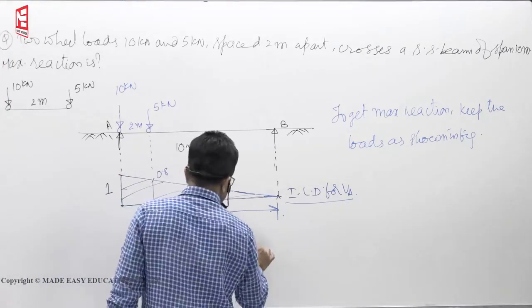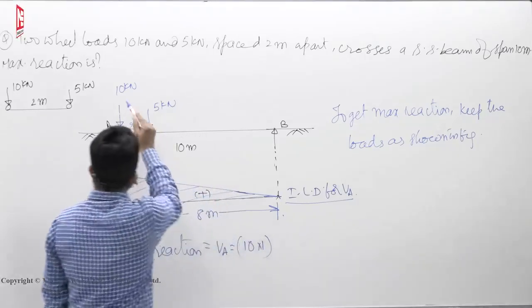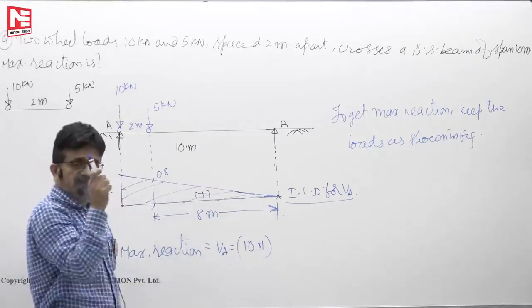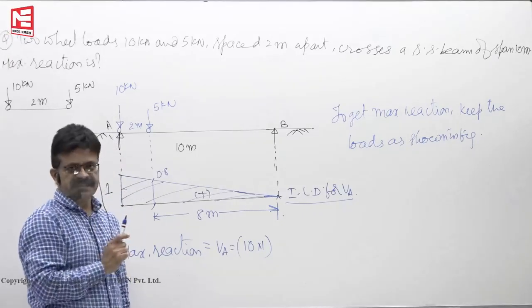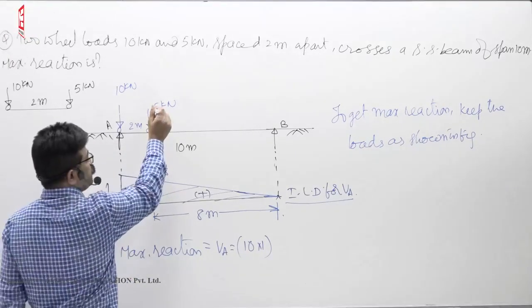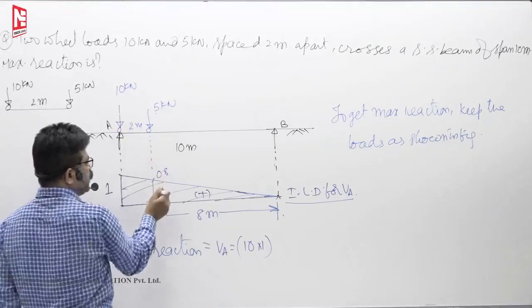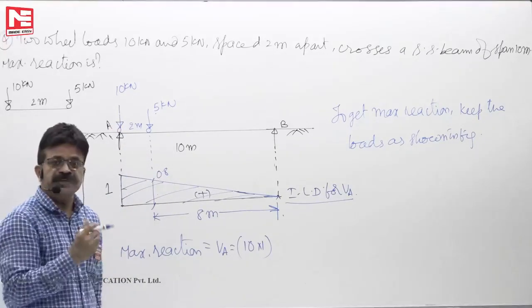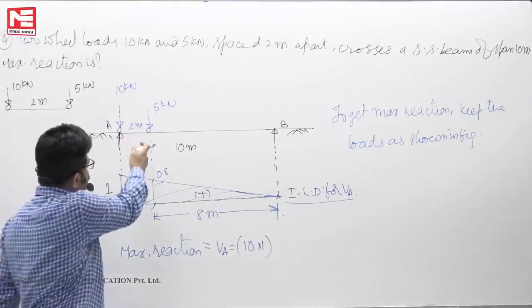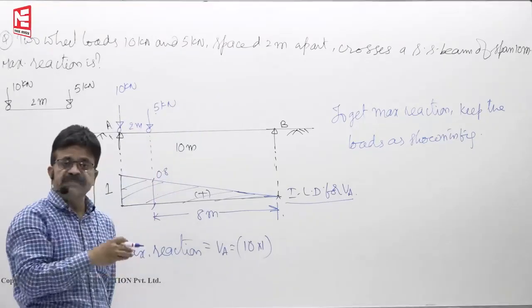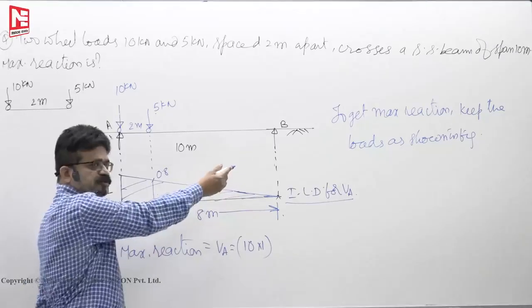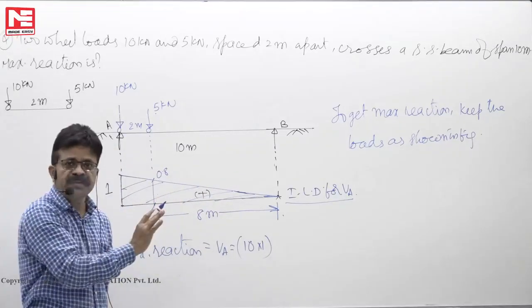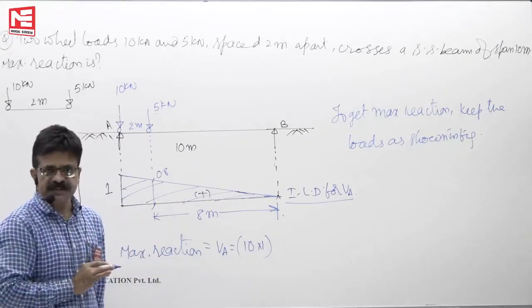10 into 1, load into its influence. Whatever load you keep at A, its influence on VA is 100%. Then the influence of 5 kilonewton on VA is only 80%. Then where will the 20% go? The 20% of 5 kilonewton will be taken by some other fellow. Who will take it? In this case VB, but this diagram will not tell you who will take the other 20%.